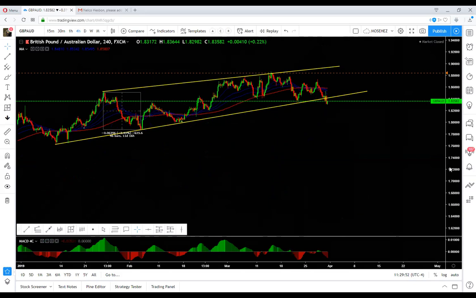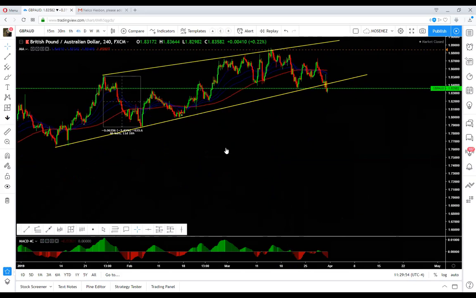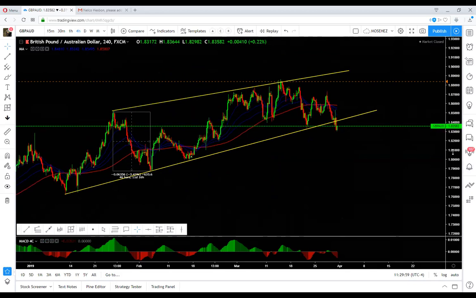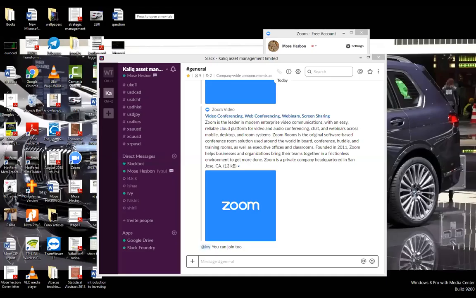So basically, the vote already happened and she lost. There are a few possible scenarios that can happen. It is possible for a no deal to happen.